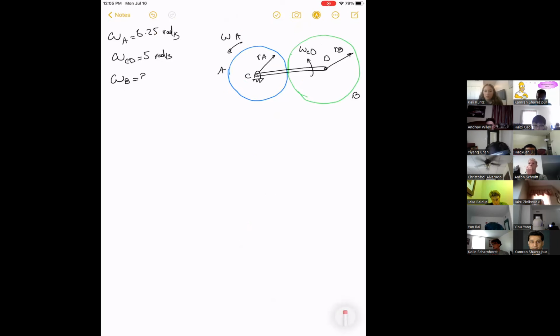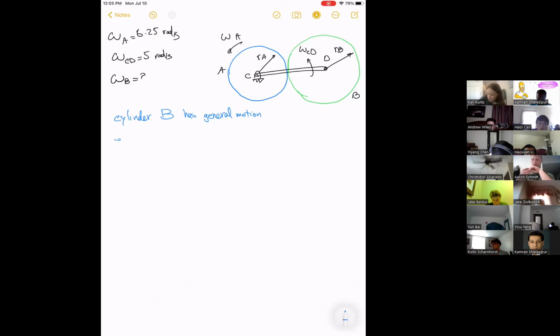follow. Remember, anytime you have a pin point, that's going to be fixed. Anything attached to that is going to have rotation. Now, if I consider B as the object with general motion, so cylinder B has general motion.